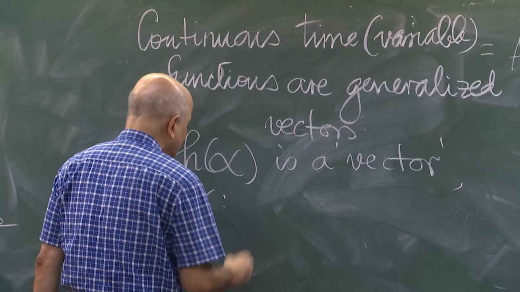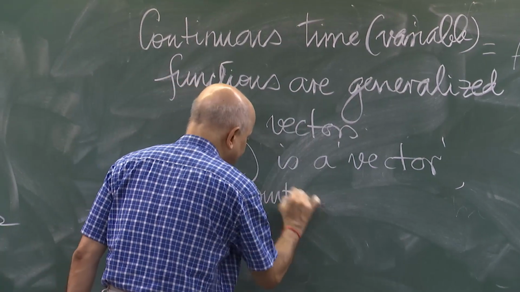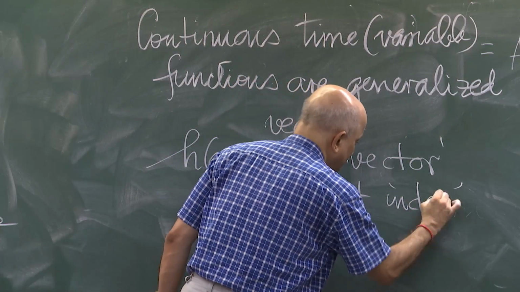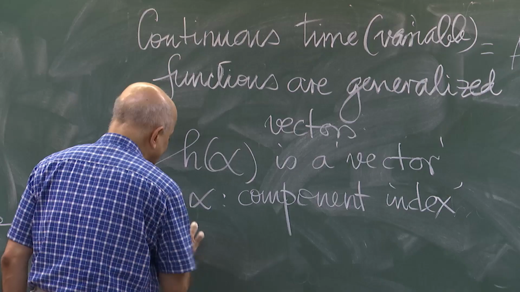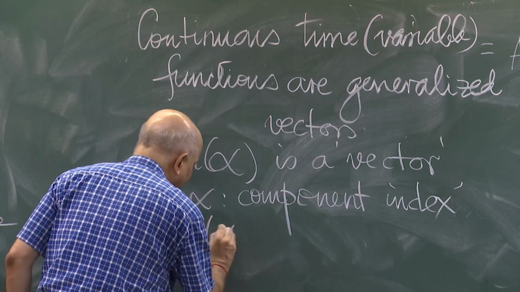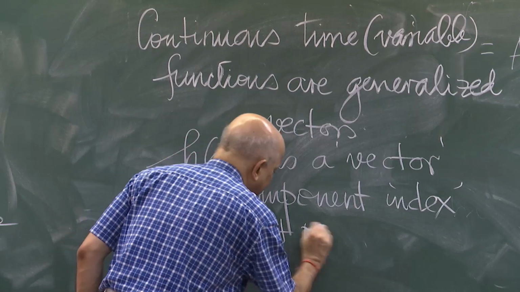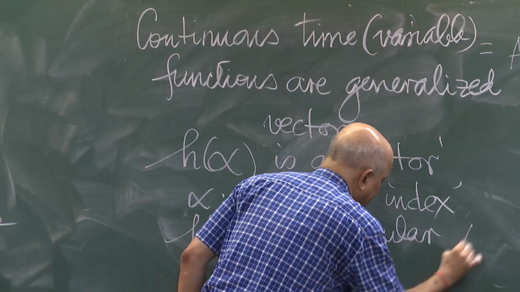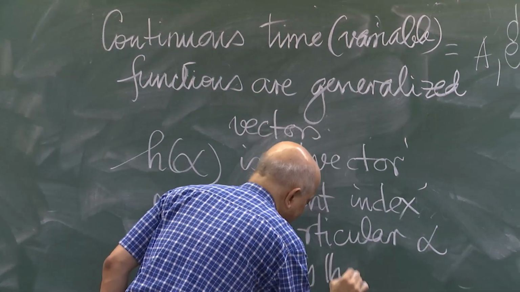Alpha is a component index. And at that particular value, h alpha at a particular alpha is the component.